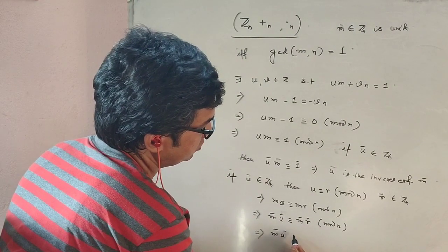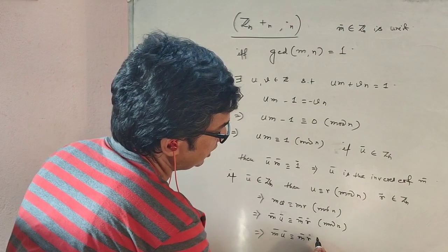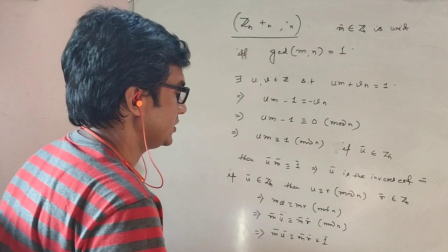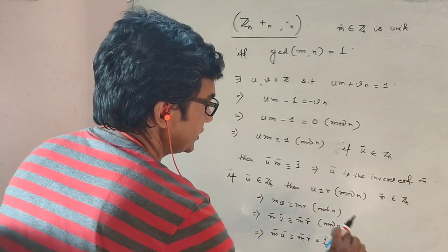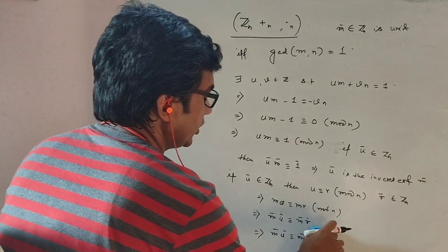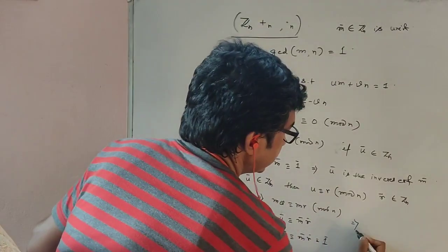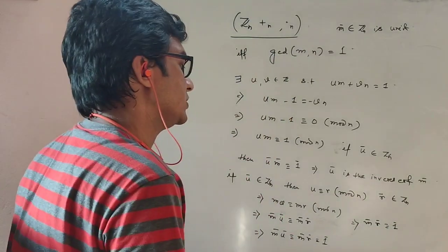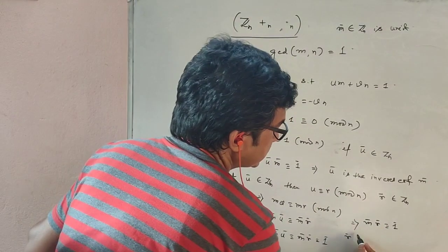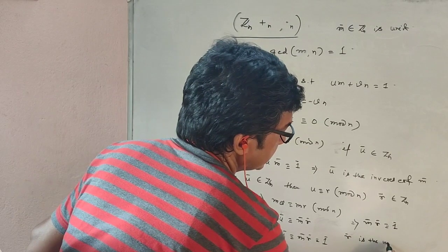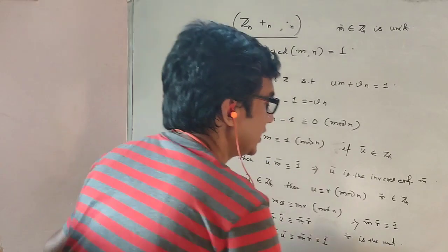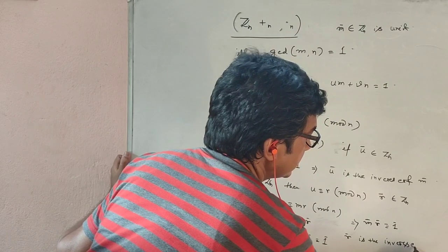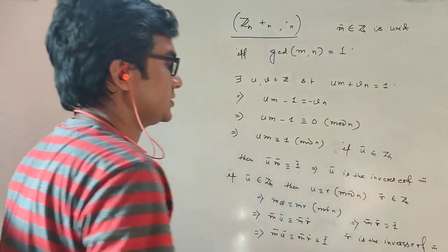That is m class into r class equal to 1 class, and r class is the unit. r class is the inverse of m class.